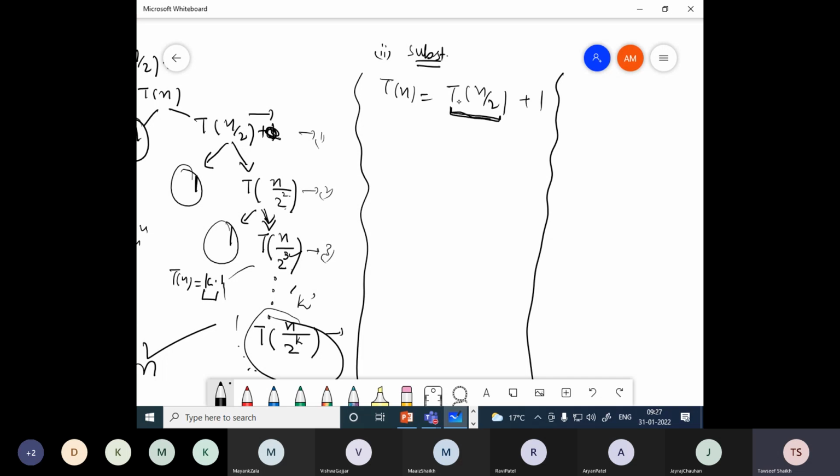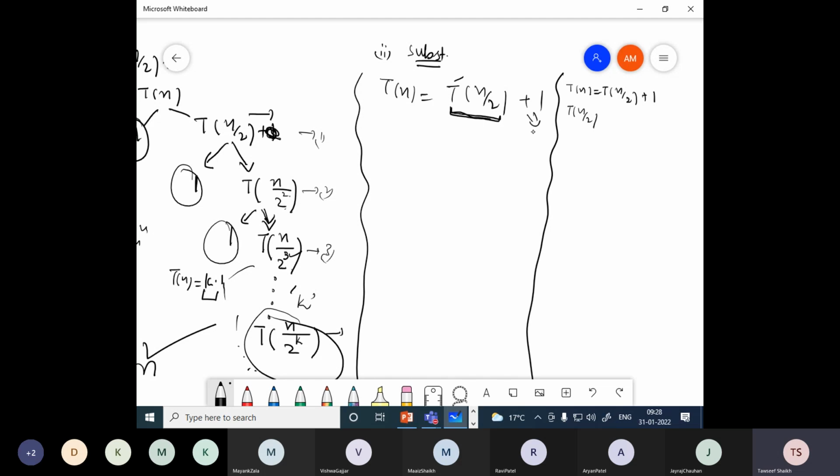Since our goal is to remove this t term, we will always try to find whether we can substitute some value in place of this t that will be without t. So we will write down the whole equation here: t of n is equal to t of n divided by 2 plus 1. So I will try to find t of n by 2.